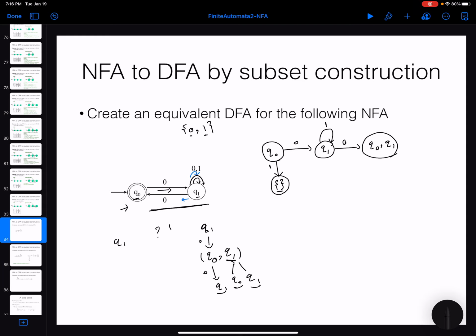If you are at Q0, Q1 and you see a 0, in the next step you can be either at Q0 or at Q1. So this is a transition that just goes back to the corresponding state in your DFA. How about 1? Let me clean up here and write down what would happen if I am at Q0 and I see a 1.